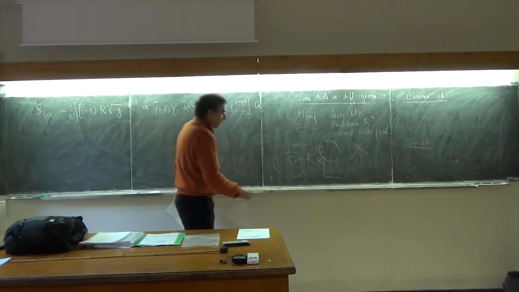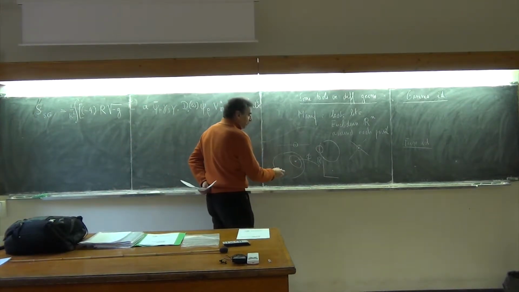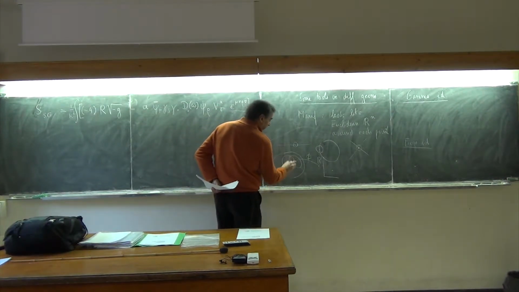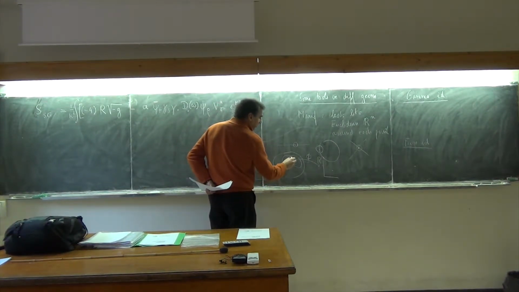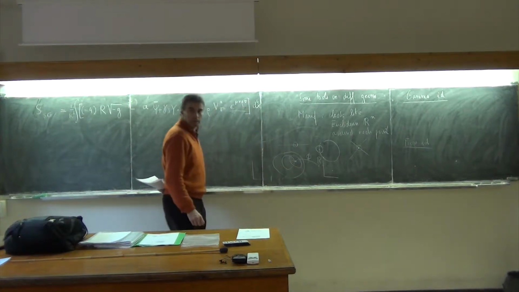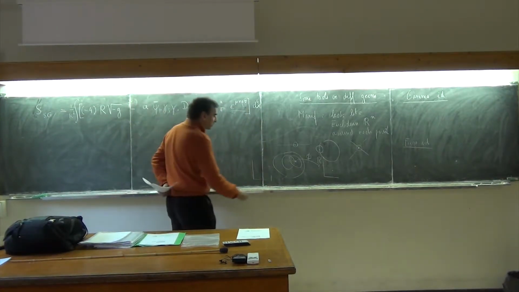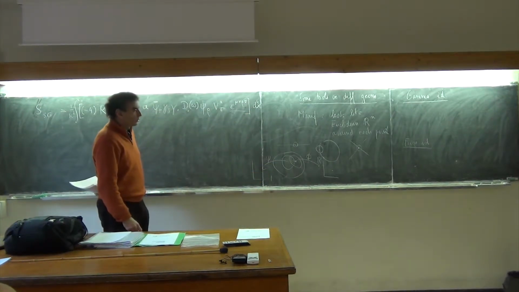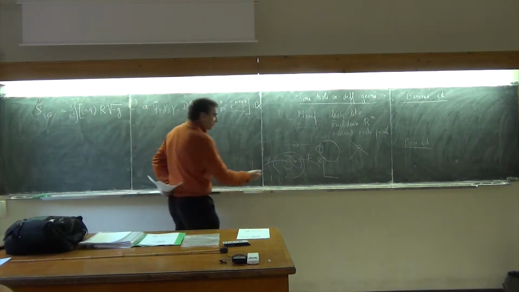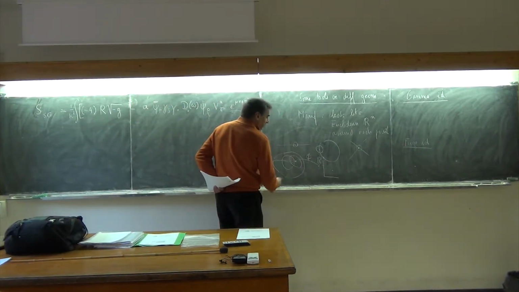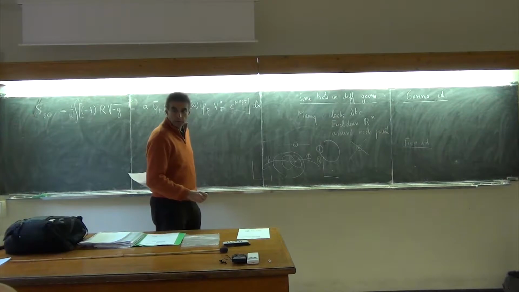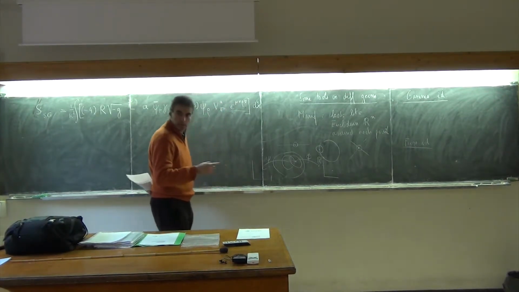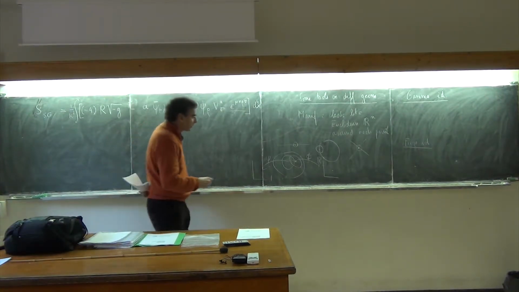Not only this, you can choose more than one coordinate system. You can choose another map from another neighborhood which has a non-null intersection with the first neighborhood. Here you have another map that you can call psi. What now you require is that the transition functions between this region and this region are actually diffeomorphisms, continuously derivable infinitely many times.